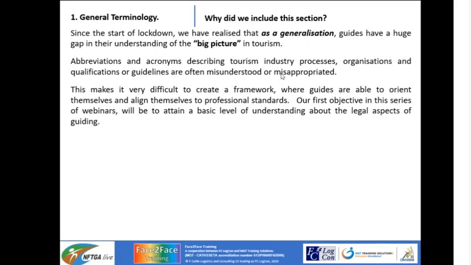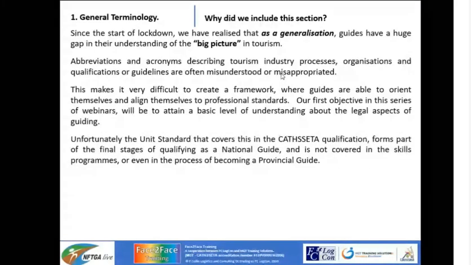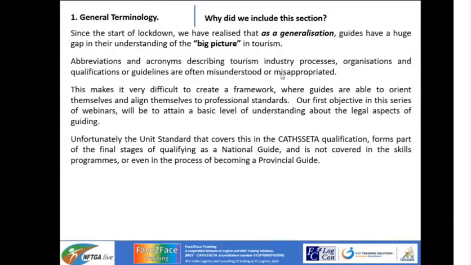So if we start looking at these different abbreviations and acronyms that are in use, it's because of this lack of knowledge that it's difficult for guides to actually establish the framework and understand the legal aspects. So we then started seeing whereabouts in the CATCITA qualification does the legal framework exist. And it forms part of the unit standard that you need to cover if you're becoming a national guide.